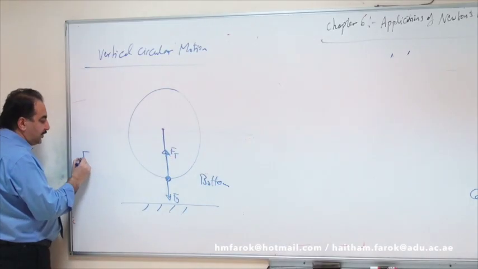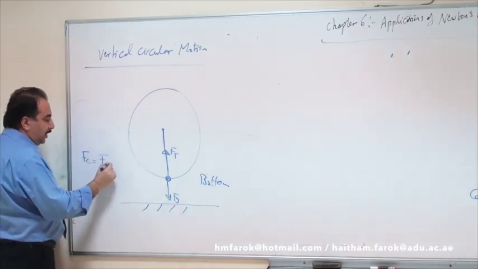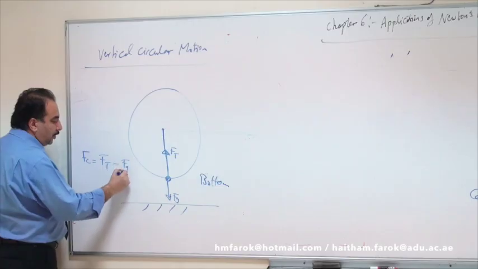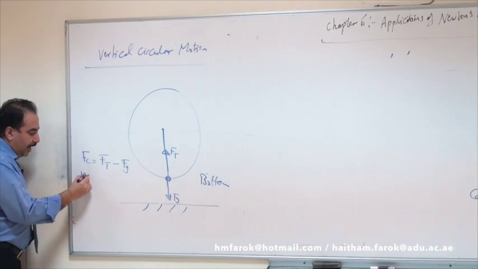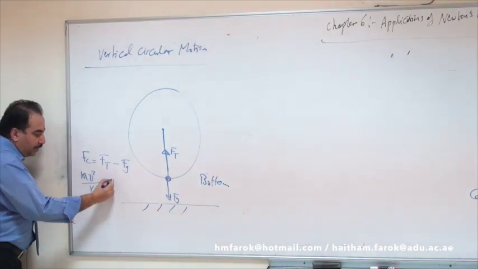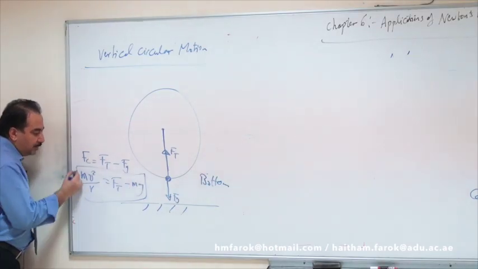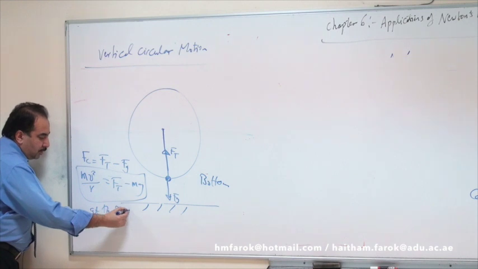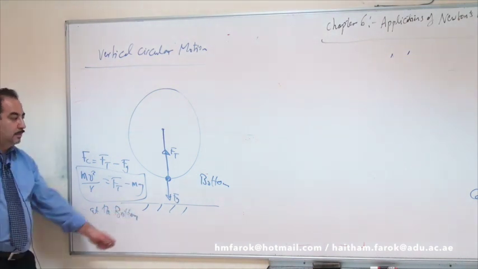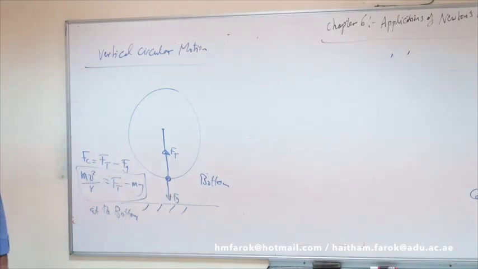So here we say Fc, the net, big Ft minus small Fg. They are not equal. And what is Fc? mv square over r. Tension force minus mg. When do you use this equation? At the bottom. Only here. This is your equation.